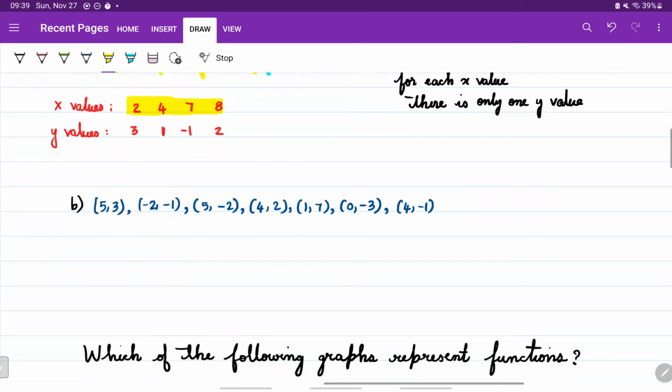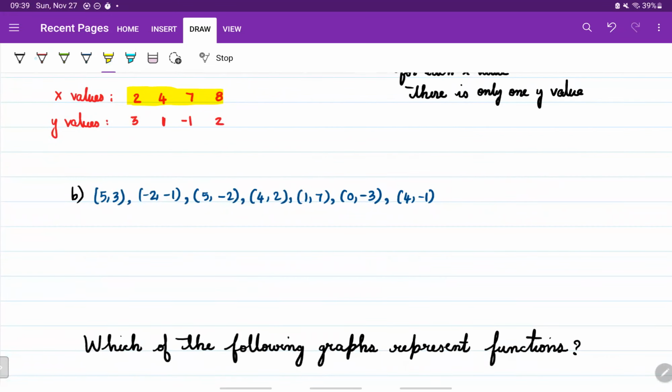Let us do another example here. Let us first write down our x values and our y values. So our x values are 5, -2, 5 again, 4, 1, 0, and 4. Let's write them down.